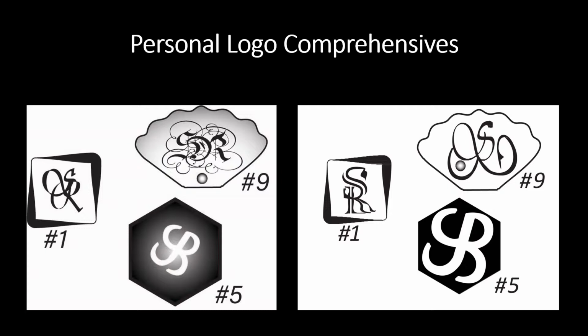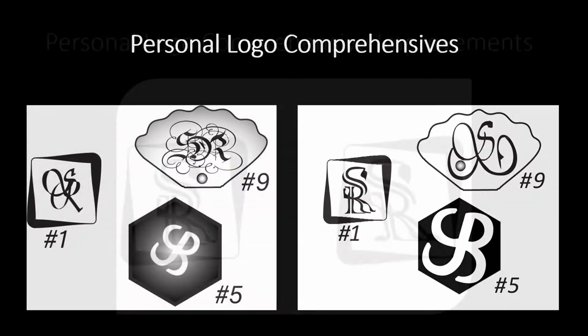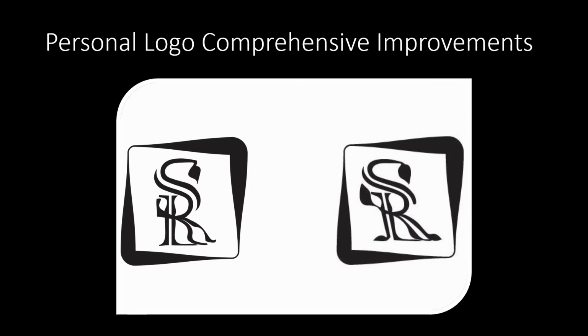I overlapped the S and the R in the center to create a unified figure, and I framed the figure in an enclosure to form a background. I chose the combination of Logos 1 and 2 as my final logo because it seemed to have the most potential for a successful design.